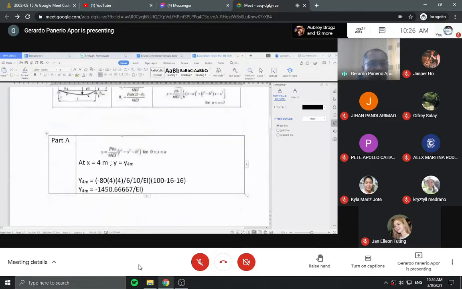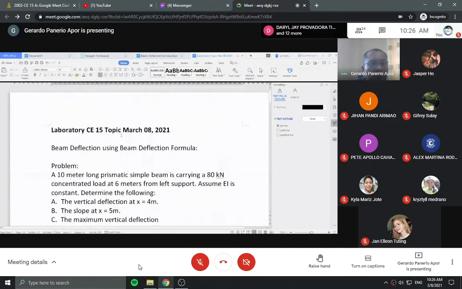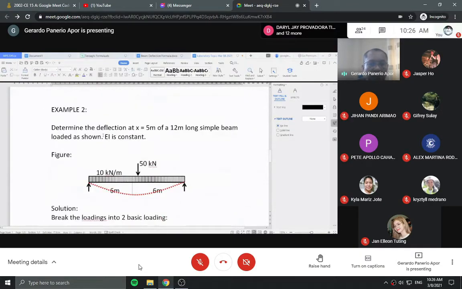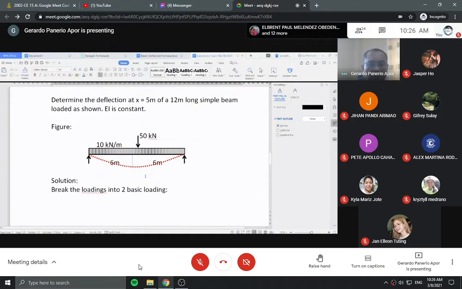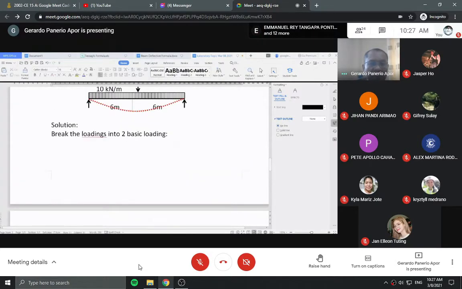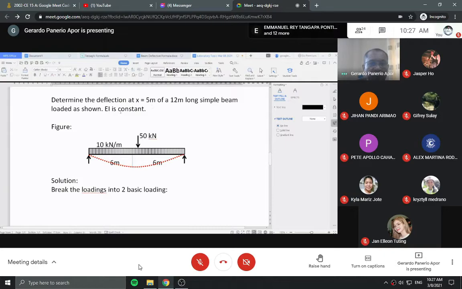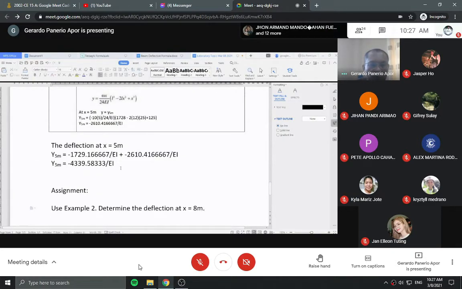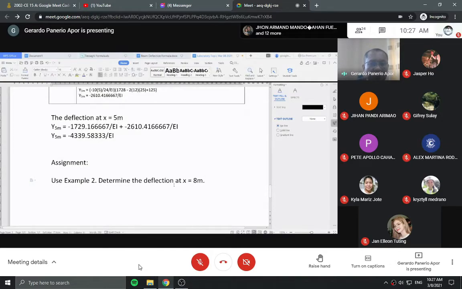So how do we do this one? For example 2, no? So you're just going to use this, no? But the problem changes. You're going to determine the deflection at x equals 8 meters. Okay, the vertical deflection.